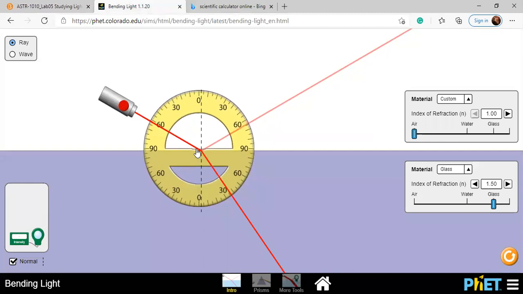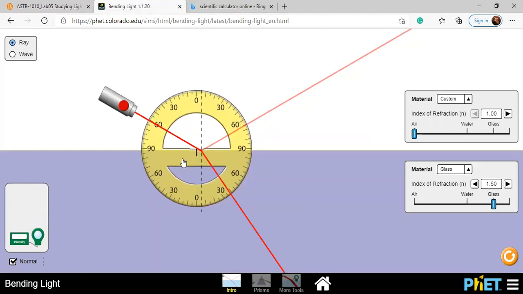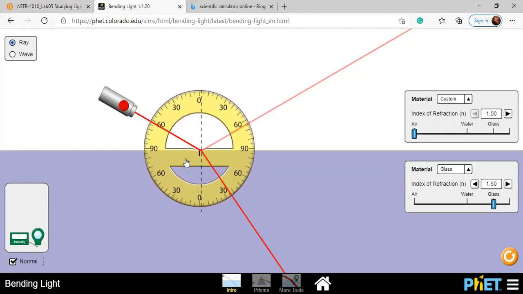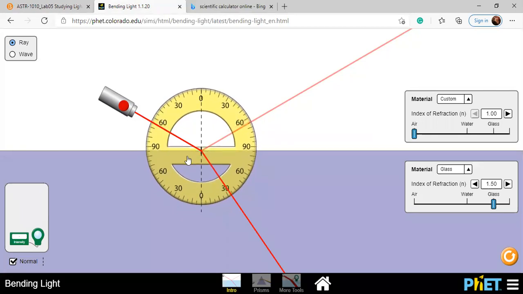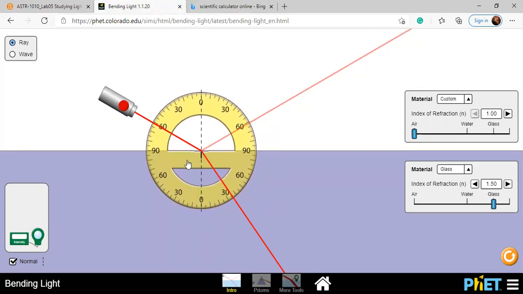I just have to align this 0 line with this vertical line, which is the normal, so that I can measure the angle. And this horizontal line also should match here. It's almost correct. You should be very careful while doing a lab.